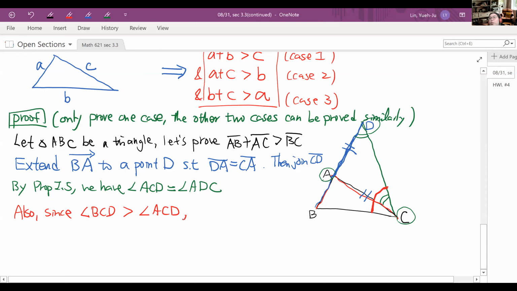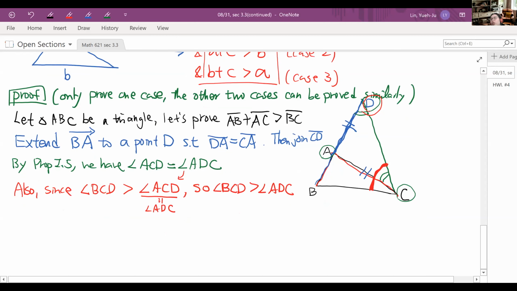From the picture, it's obvious. But we know ACD is the same as ADC, so this automatically tells us that BCD is also bigger than ADC.